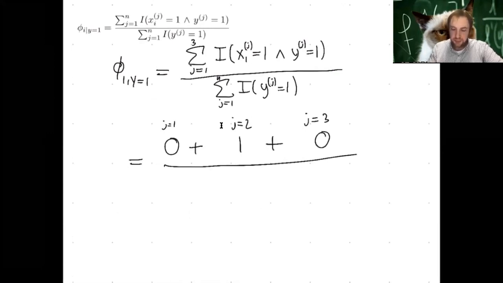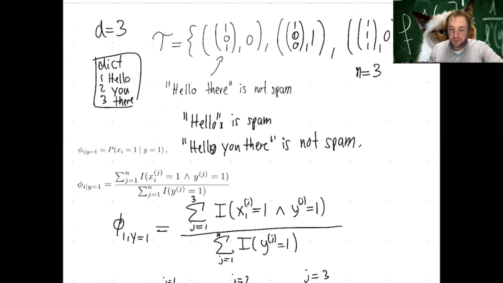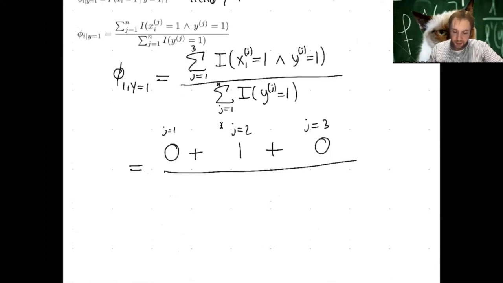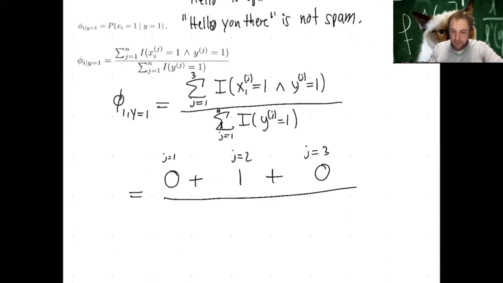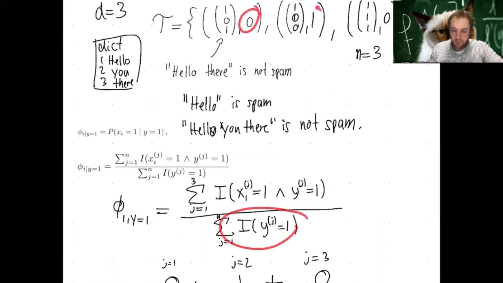So this is 1, because in all the spam emails, the word hello appears once. For the denominator, we just go through all of them and check if the y is 1 or not. Here it's not, here it is, and here it's not.